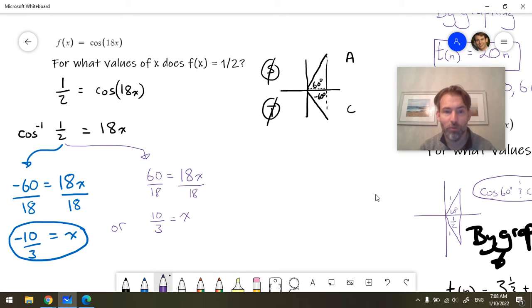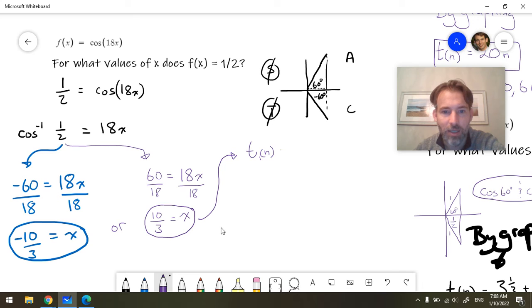Let's check what we got graphically. And how do I turn this into an arithmetic series? Well, I can make this one here. I'm going to make one or the other. This one here, we'll call t1 of n, is equal to our starting term, 10 over 3, plus the period. What's the period here? 18x.